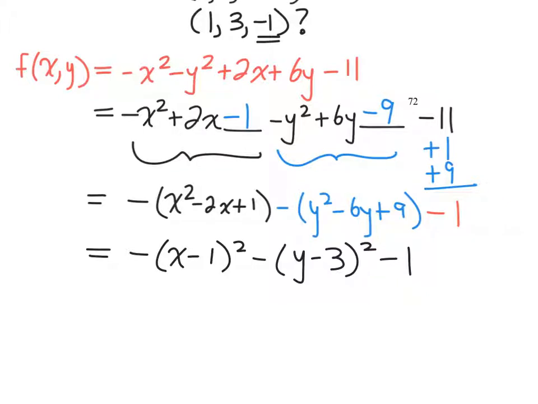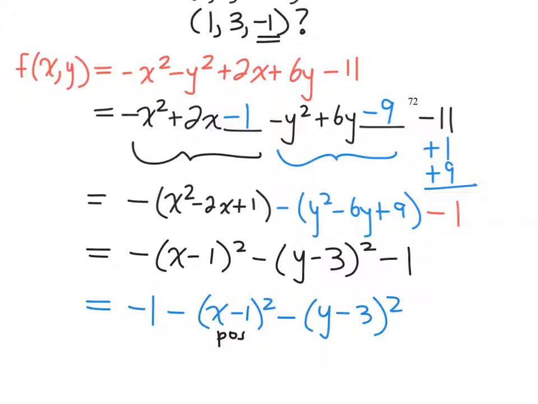F of x comma y is the same as z equals. So what I'm doing here, and I'll write it slightly differently, I'm taking -1 and I'm subtracting something that's positive. And then I'm subtracting something else that's positive. This is a positive number. This is also a positive number.